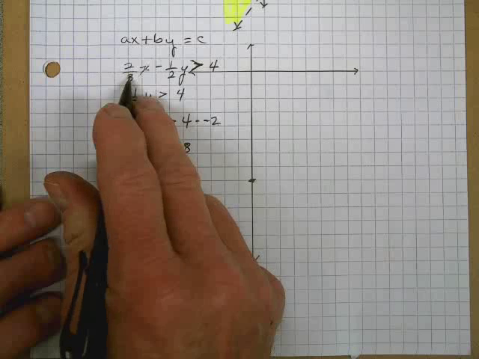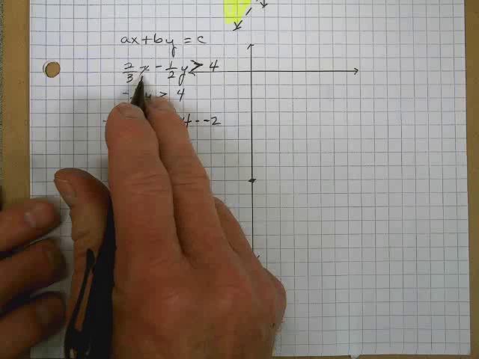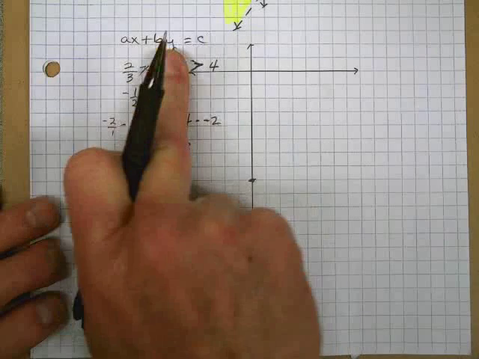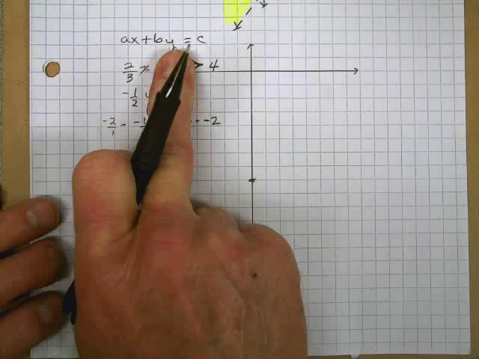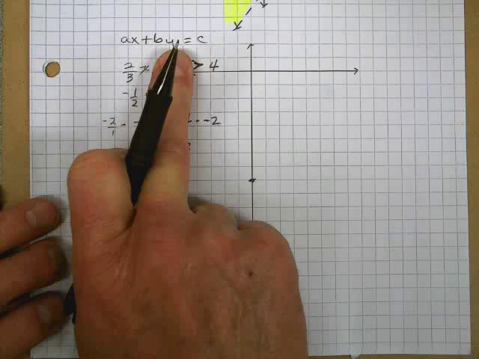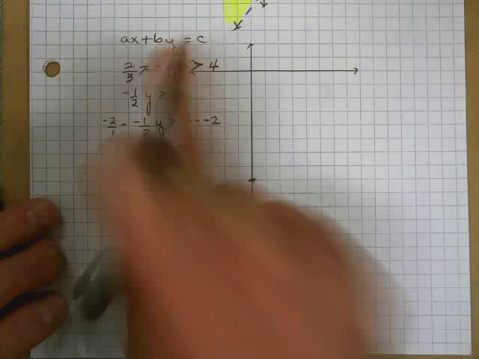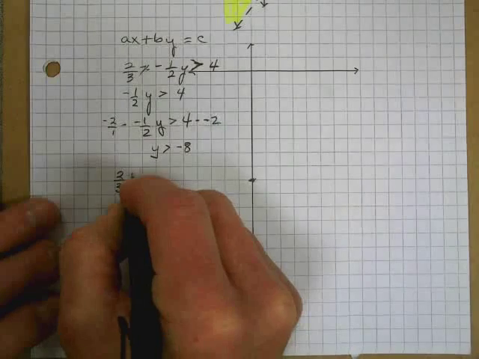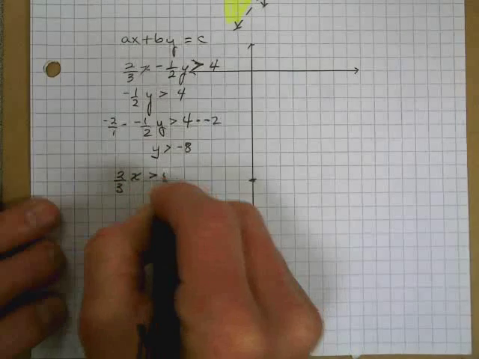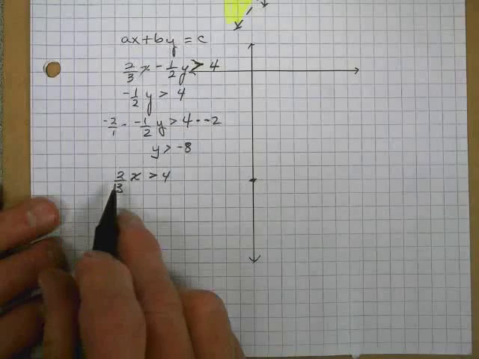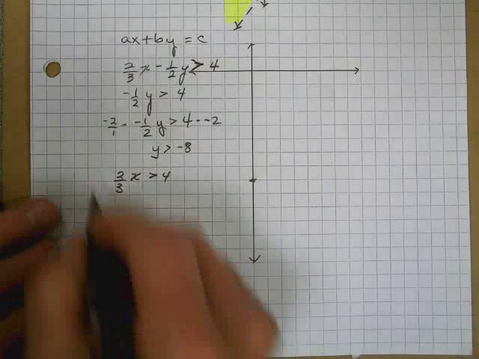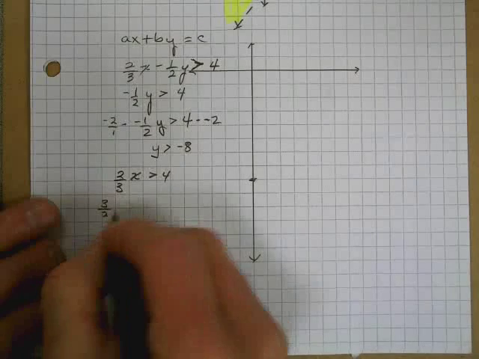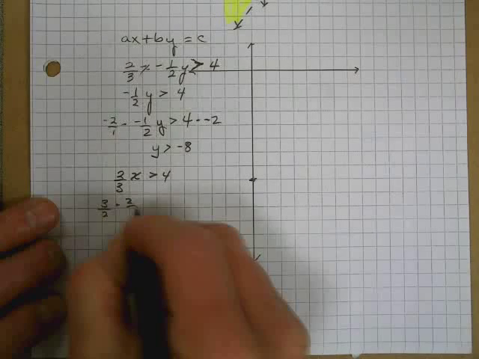We're going to do exactly the same process with the x term. We're going to use our finger and cover the y term, and the resulting inequality is 2/3 x is greater than 4. I'm going to write that down here as well. Then we're going to solve this inequality. To do that, we're going to multiply both sides by the multiplicative inverse of 2/3, and that's 3/2.